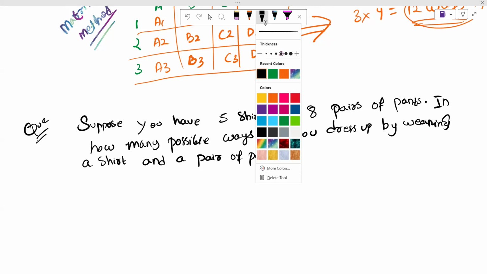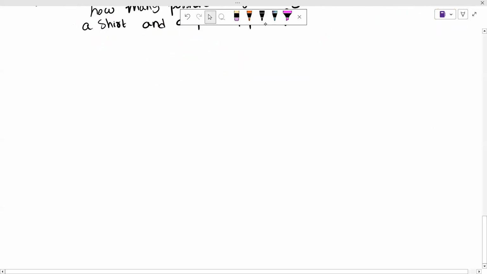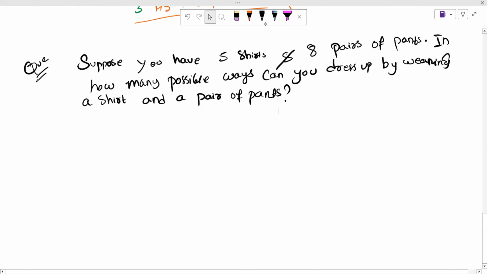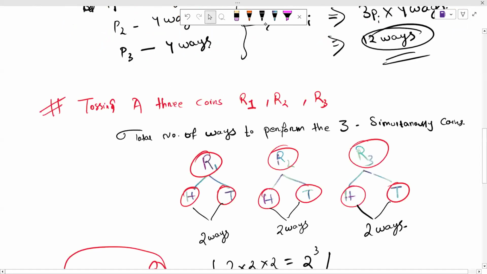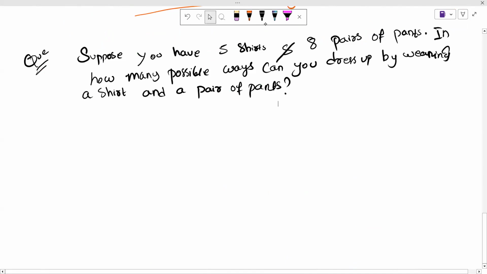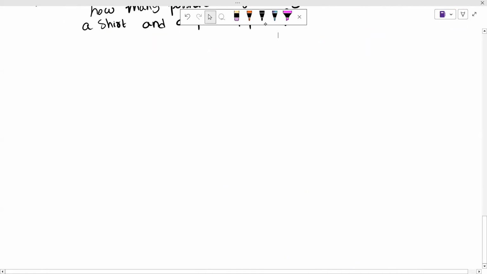Okay, so now the next question. These are the first concept we covered. Now let's go for the next part. Whatever we discussed right now, you got the basic concept related to counting.